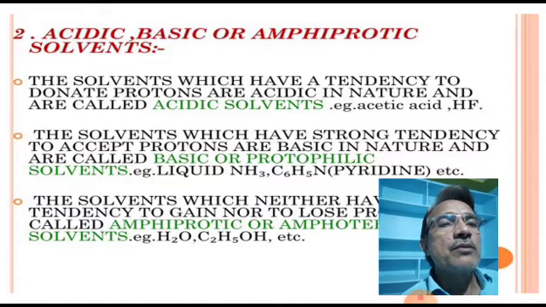Already I told you, protophilic means proton loving, proton accepting. Example, liquid NH3. Liquid ammonia is a protophilic solvent, as is pyridine C5H5N. Liquid ammonia contains a lone pair of electrons over the central nitrogen atom. Therefore, it can accept a proton. It will have a strong tendency to accept a proton.